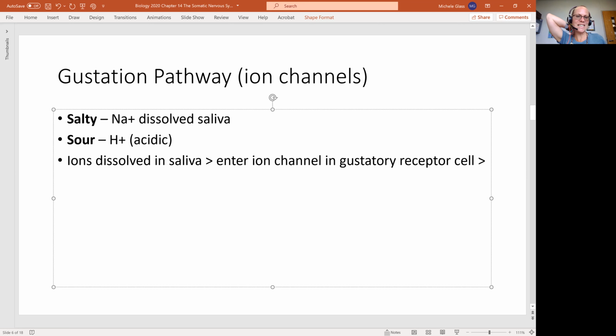Those are just those extensions of the cell membrane, right? And that's just increasing surface area. And so in those microvilli, we're going to have some of these ion channels. So we have sodium ion that can move through, we have hydrogen ion that can move through, and that's going to depolarize the gustatory receptor cell.